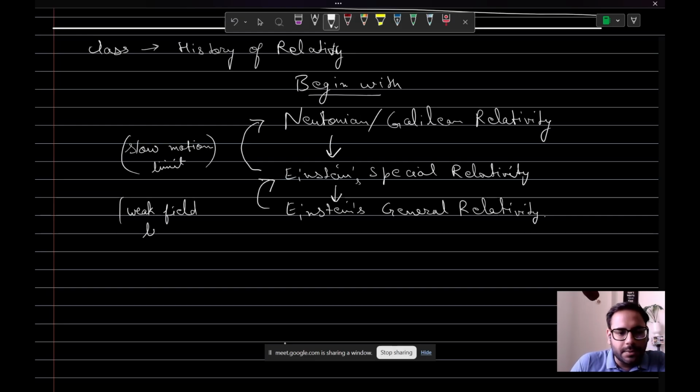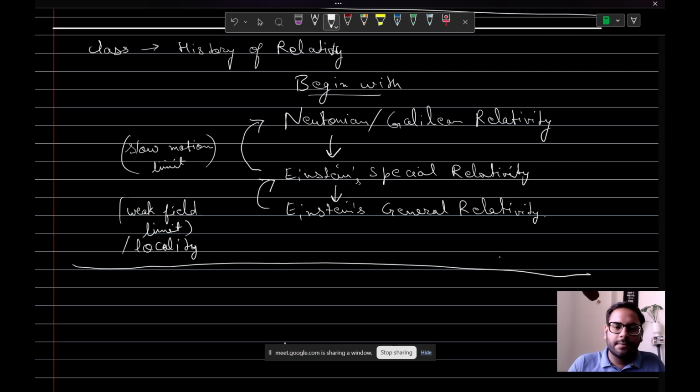In this limit, general relativity will turn into special relativity. Or we can say locally, locality is the limit: locally, the general theory of relativity will be converted into special theory of relativity.